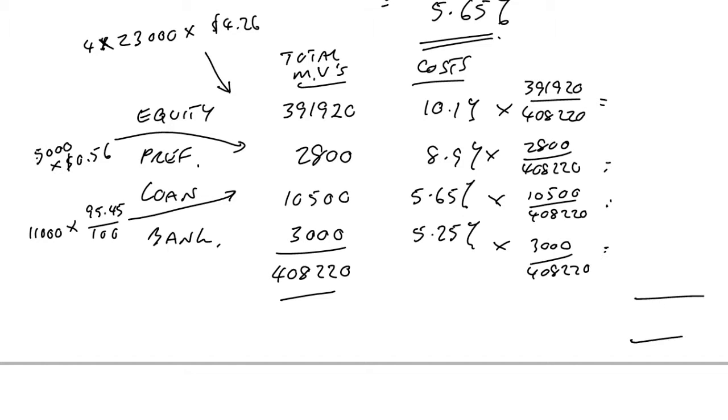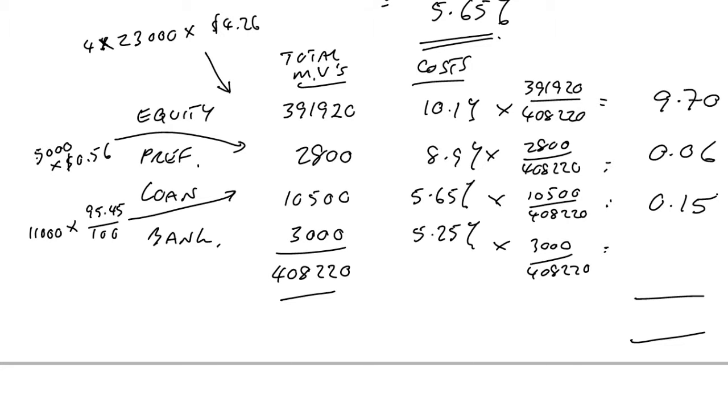If I multiply and add up, let's see how fast I can be. 391,920 divided by 408,220 times 10.1. That comes to 9.7. The next one, 2,800 divided by 408,220 times 8.9 comes to 0.06. 10,500 divided by 408,220 times 5.65 comes to 0.15.